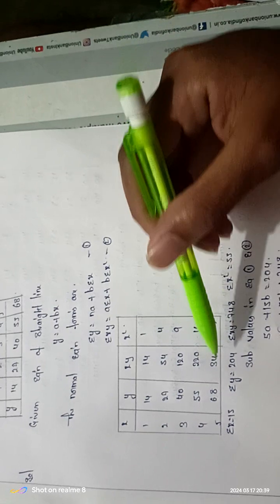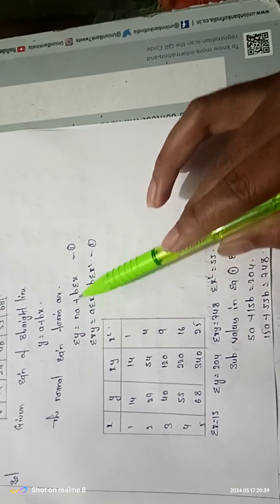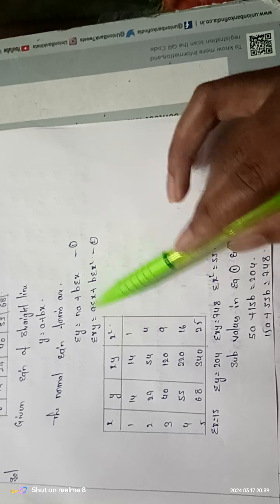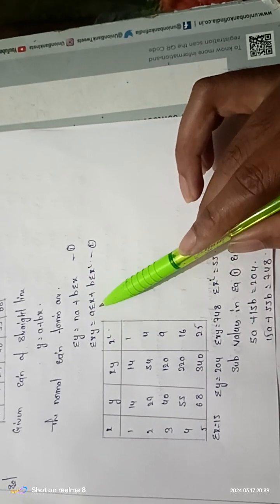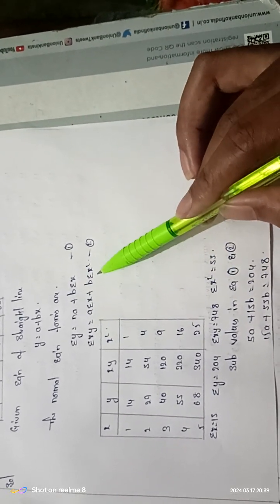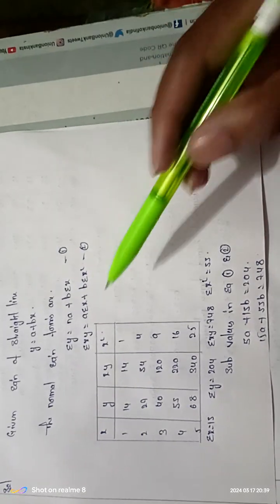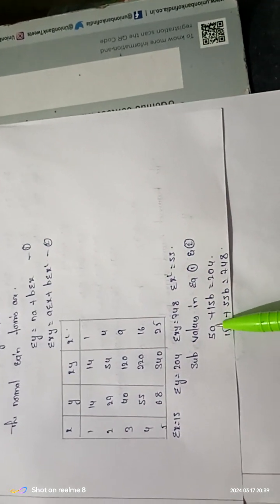Substituting these in the normal forms: sigma y equal to n into a plus b into sigma x, sigma xy equal to a into sigma x plus b into sigma x square. Substituting the sigma x, sigma y, sigma xy, sigma x square values in the normal forms, here are the equations.